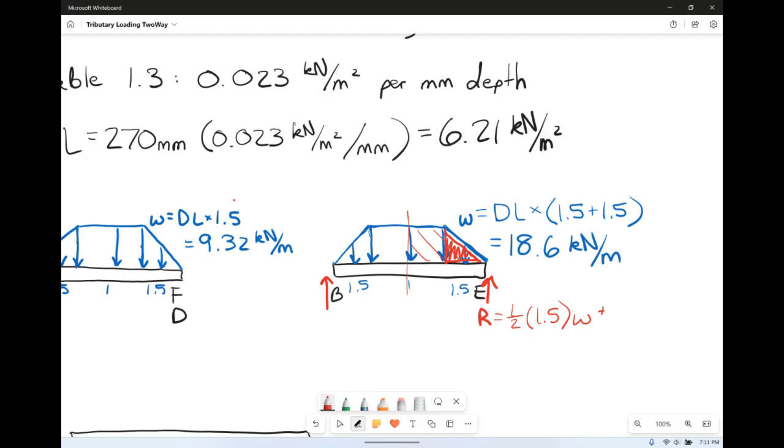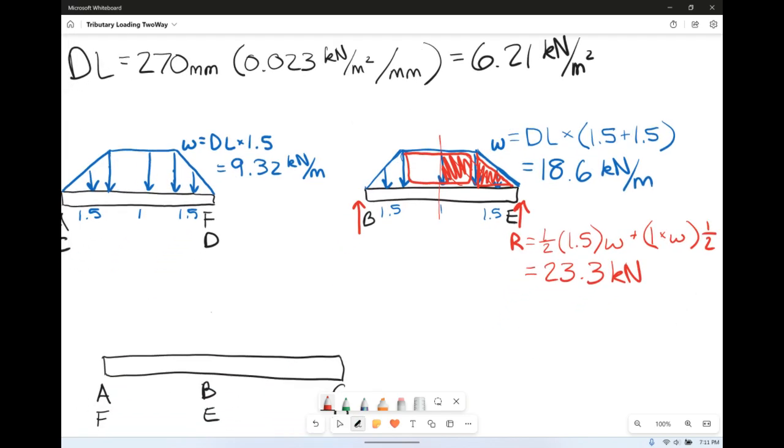The rectangle is the base of 1 times the height of W, but that's the whole rectangle and I only want 1/2 of it, so I multiply by 1/2. So my reaction force is 23.3 kilonewtons.